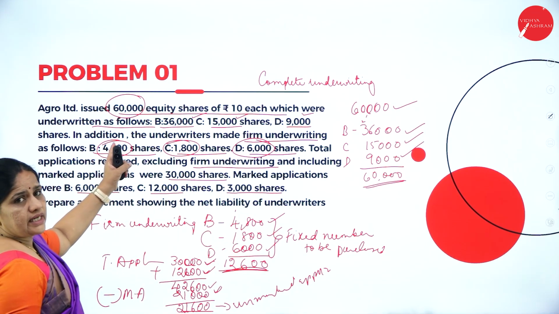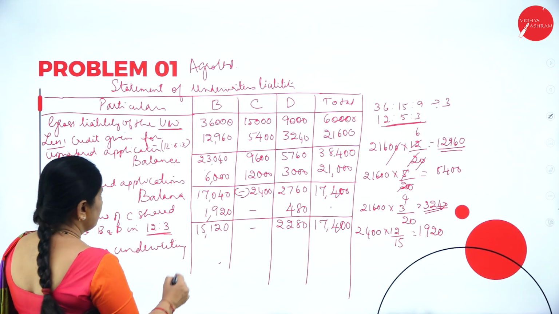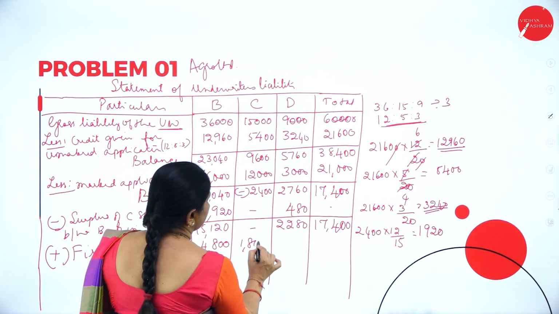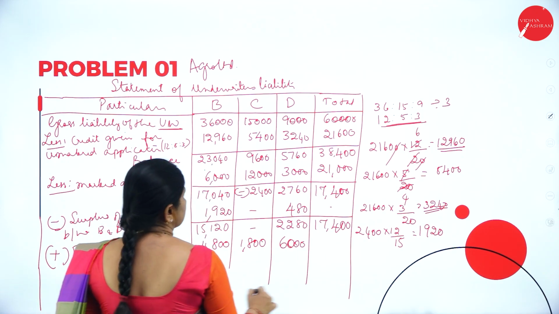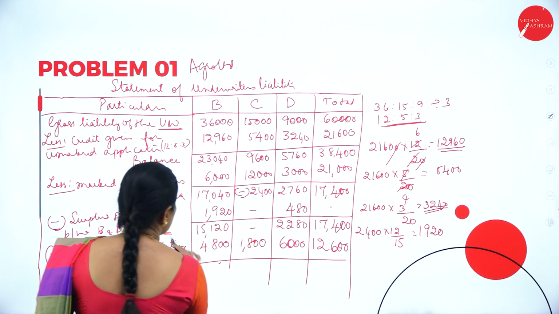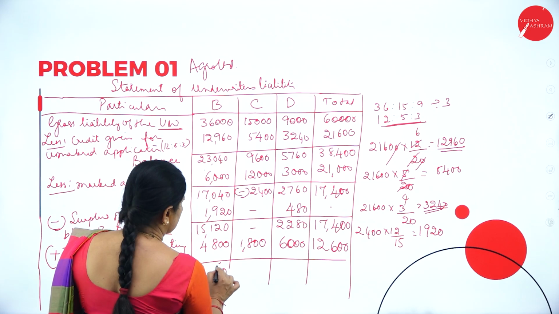So 4,800, 1,800 and 6,000. The total comes up to 12,600.